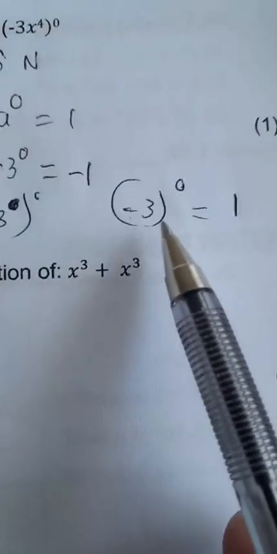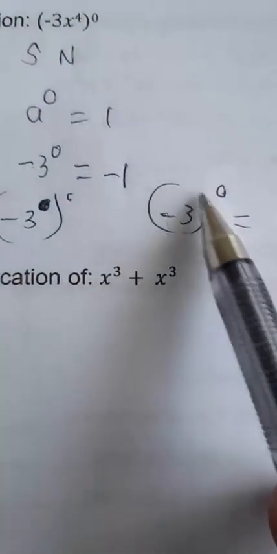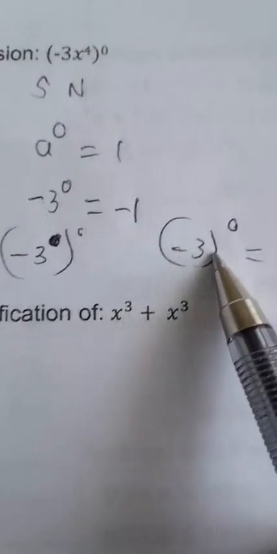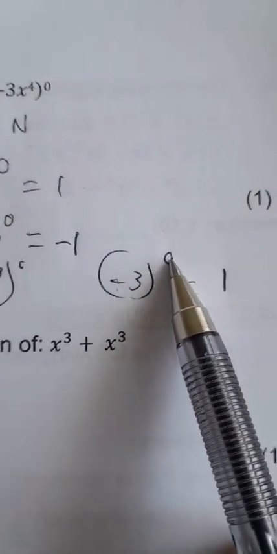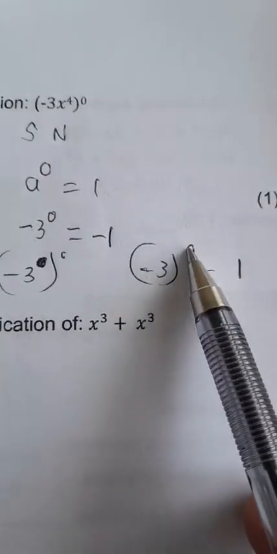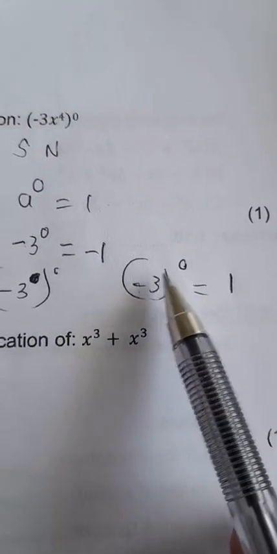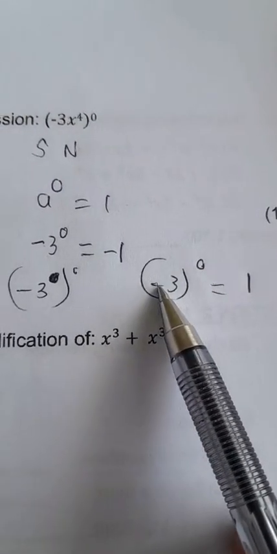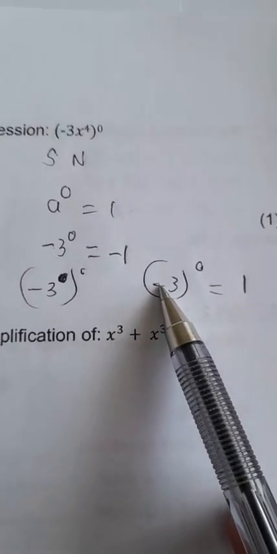Look at this one. Minus 3 to the power 0. We have a bracket around the number and its sign. So when we apply 0, which in actual fact is an even number, any even exponent applied to a negative sign leads to a positive answer.